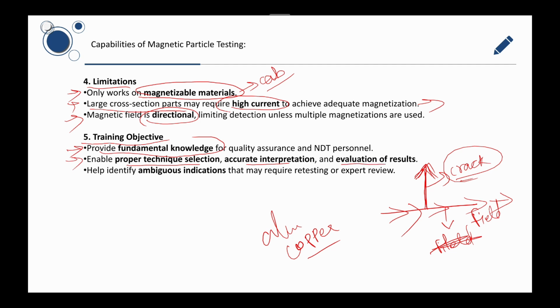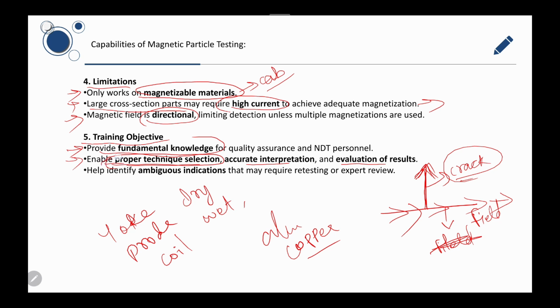In MPT, different parts and defect types may require different magnetization methods. That means yoke, prod, coil and central conductor, and particle types are dry, wet, visible and fluorescent types. These are all different methods for different parts.